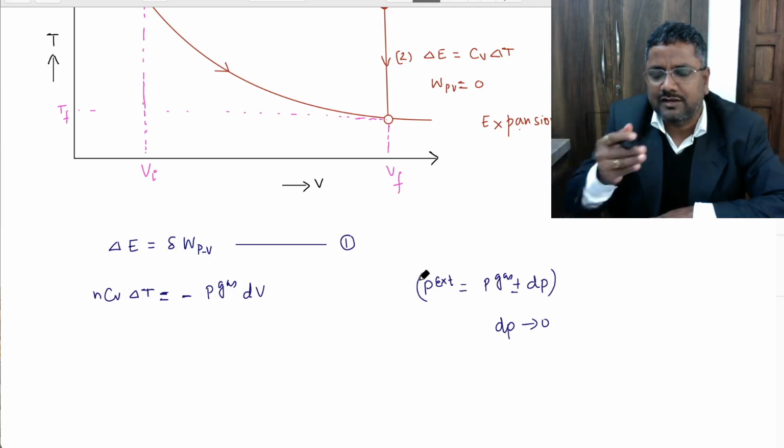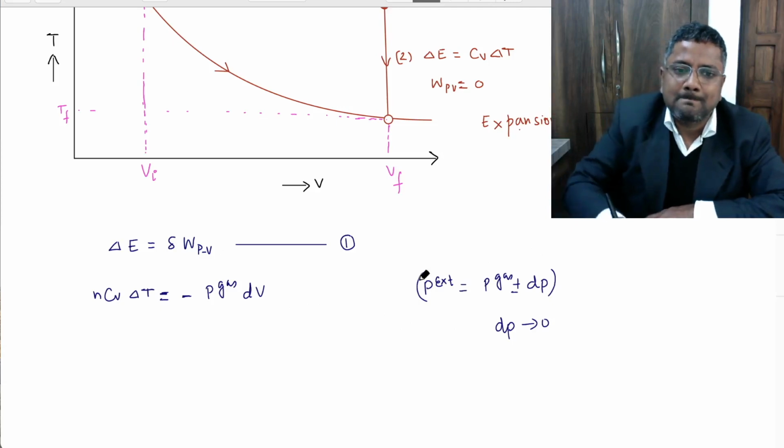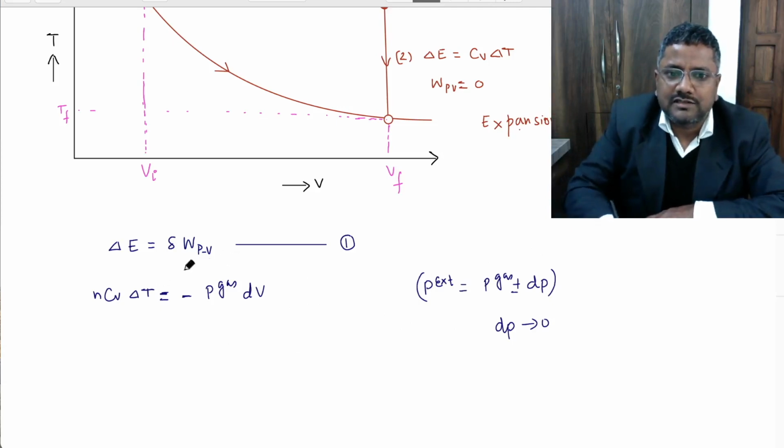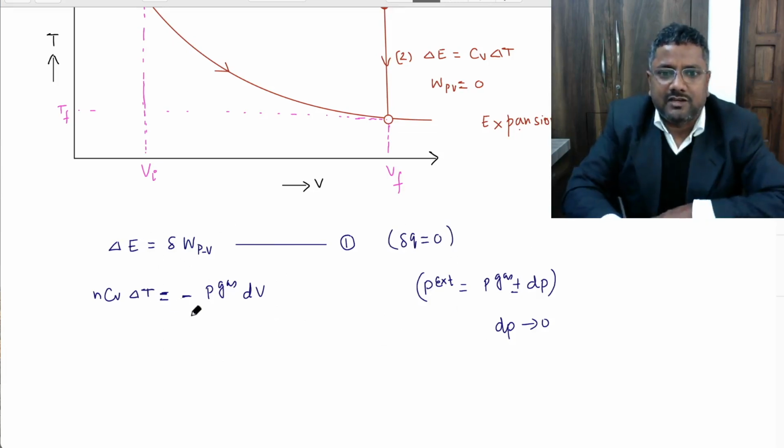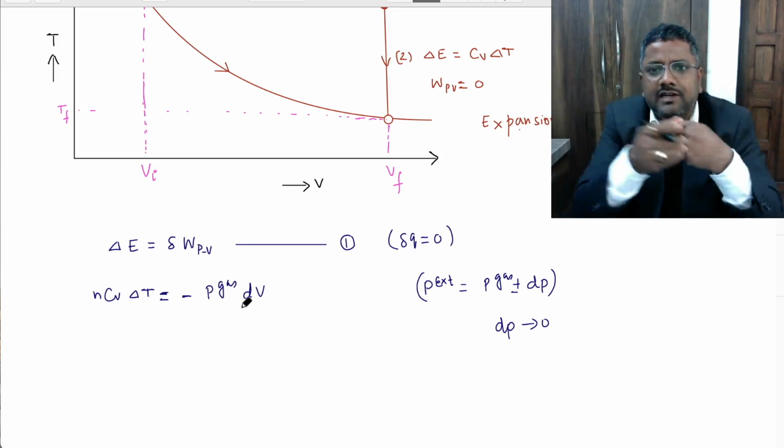So infinitely small steps we are moving here. Now you can see the internal energy change and PV work are equal, as delta Q is equal to 0, always in adiabatic process. So the first law of thermodynamics will give you this relation. Now from this you can calculate the final temperature of the gas.